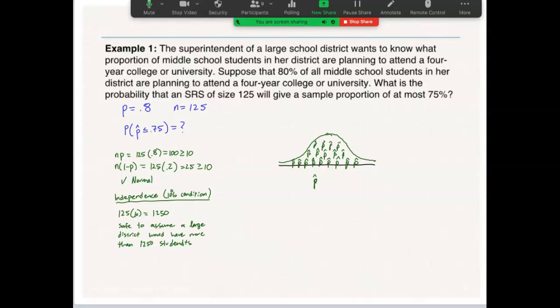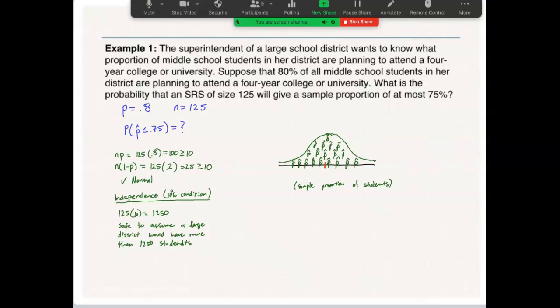All right, well, what do we know that this should center over? What's the mean of this distribution going to be? What should be right in the middle of that? What's the true proportion of students who are going to attend a four-year college or university?